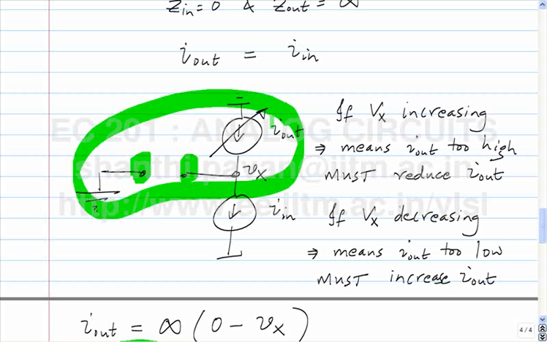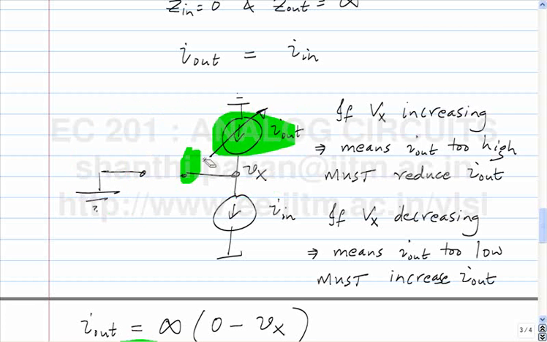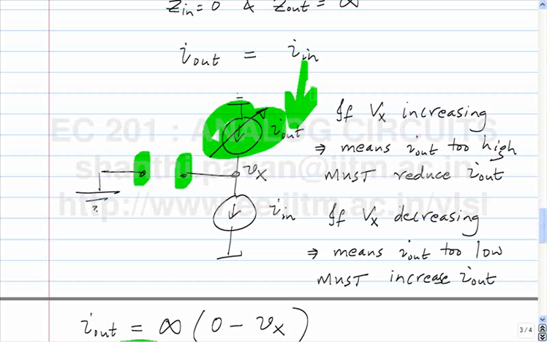Another way of looking at it is that if Gm tends to infinity, then for a finite value of I out, what must be the difference between these two nodes? Okay, so this is Gm times the potential of this node, which is 0, minus Vx. So if Gm tends to infinity, if this current is finite, then the difference between these two nodes must be 0, which means that Vx must be 0.